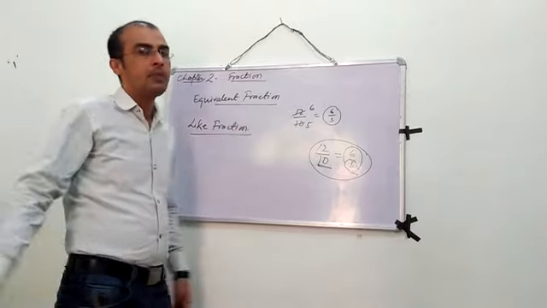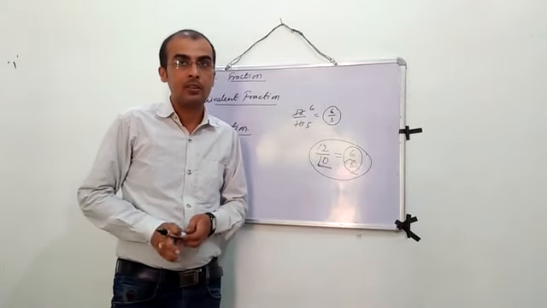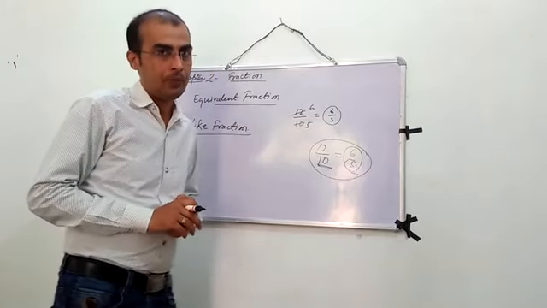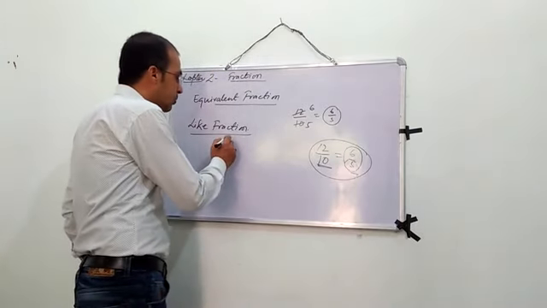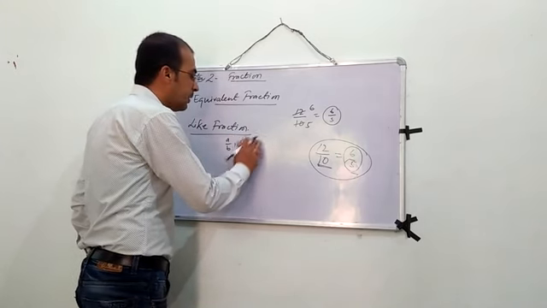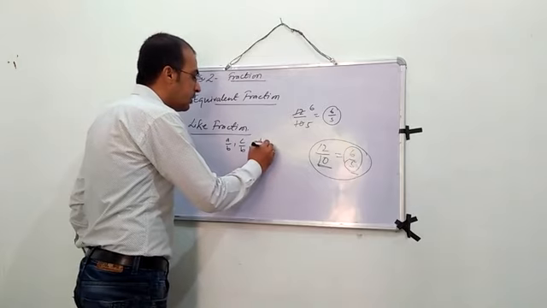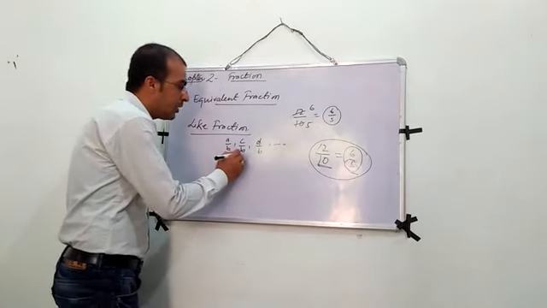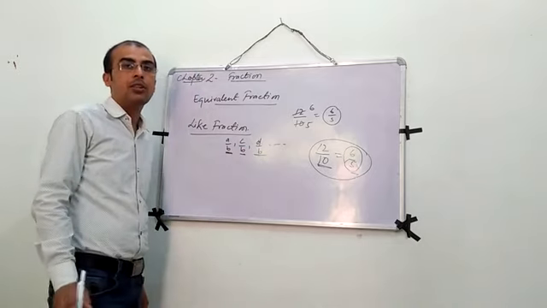What is a like fraction? A fraction is said to be a like fraction if their denominators are equal. For example, suppose a by b, c by b, d by b, and so on. Here you can see the denominator is b.